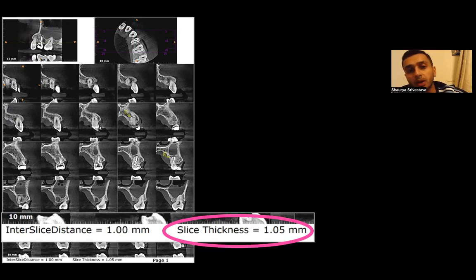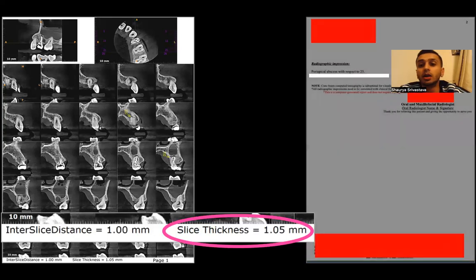So you see that there would be a bias based on the information given to you. You do not have the CBCT on your hand to view it. You give it to somebody else, they will give you a report and send it back to you, and you are dependent on that report. So you can miss a lot of information with these kind of slices and with these kind of reports as well.